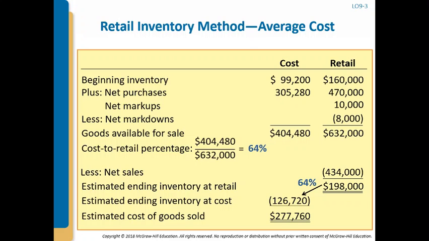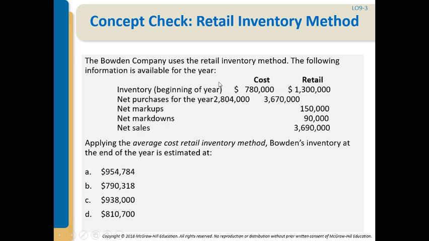Here that's going to be 126,720. You take that number and subtract it from goods available for sale at cost to come up with your estimated cost of goods sold at cost, obviously.